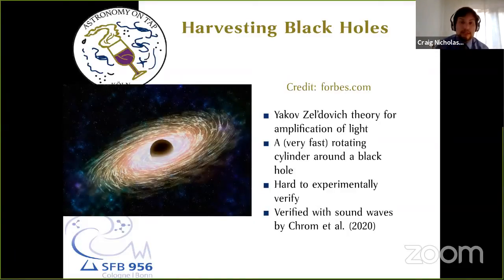It still had to spin at a high rate, but not a billion times per second. And then they were able to verify that the reflected sound that they get from this device was higher than the one that they sent in. So it was a very nice paper, and it's a nice result.